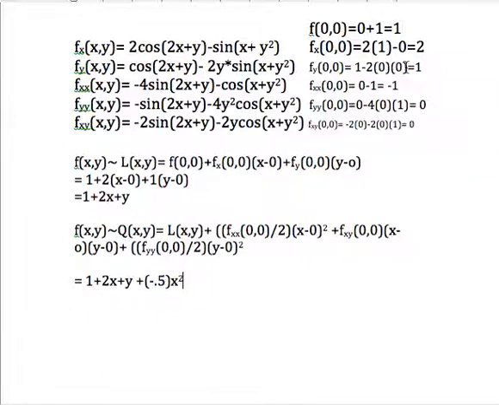F of xy is 0, so that's plus 0, so there's no xy term. And f of yy is again 0, so that term is 0. So for Q of x, y, the equation is going to be 1 plus 2x plus y minus 1/2 x squared.